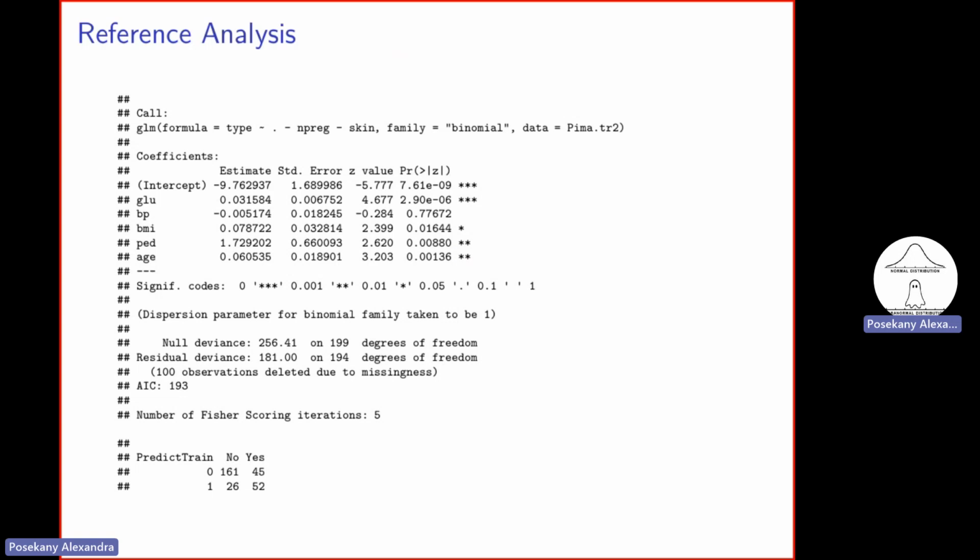Then we end up with a lot of stuff. Intercept estimates, glucose, blood pressure, BMI, pedigree, and age. We see, except for the blood pressure, everything's more or less relevant. Good.